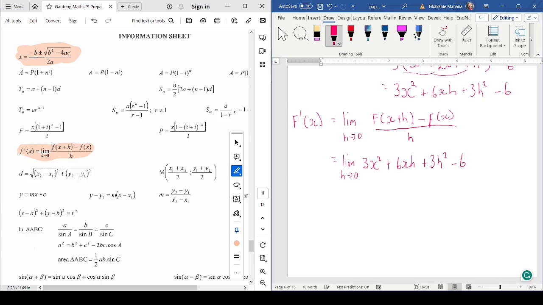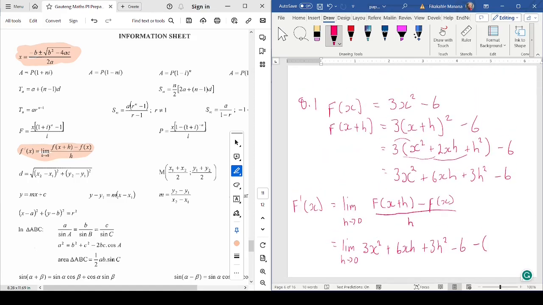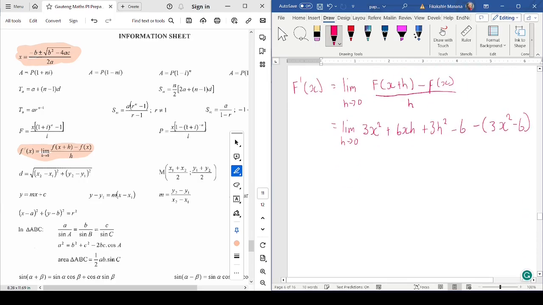Now this part of it, minus f of x, I'm going to put it in brackets first, minus f of x, that's the original function, which is 3x squared minus 6. Cool. So all of this is now divided by h, right?